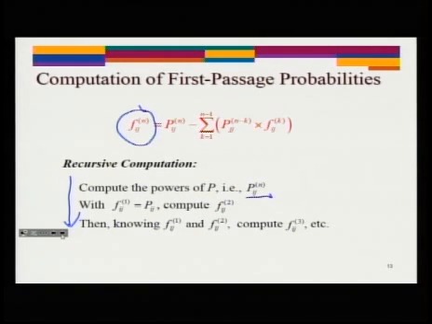And then, by setting this, because this is always true, we're going to compute this, and then knowing this and this, we're going to compute this. And then we're going to move on. That's what you are going to do right now.